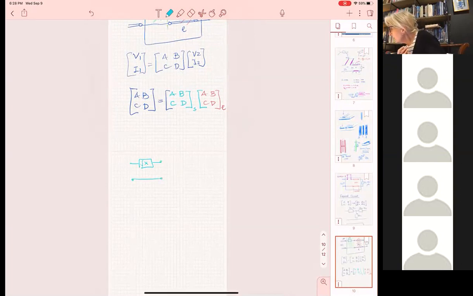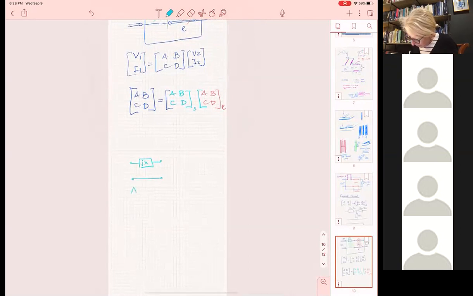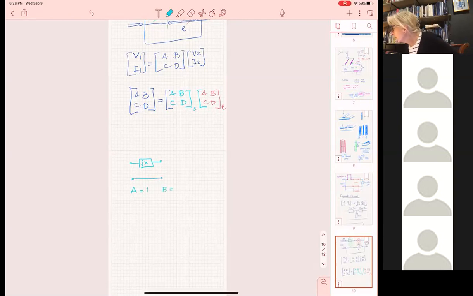The ABCD matrix is as follows: A equals 1, B equals jX, C equals 0, D equals 1.